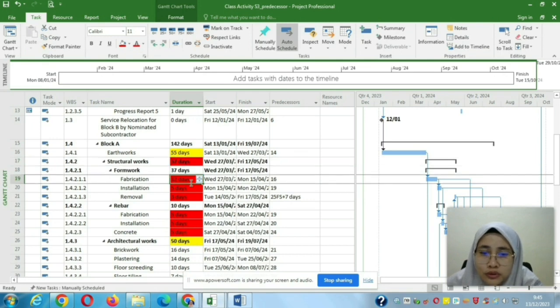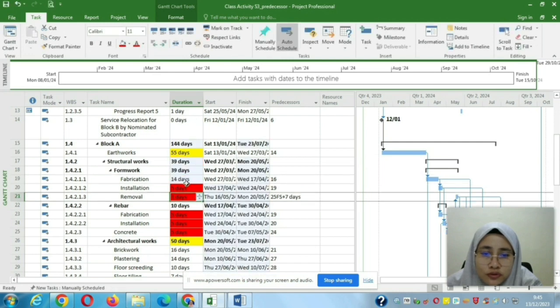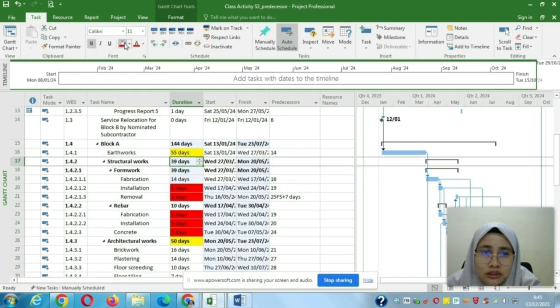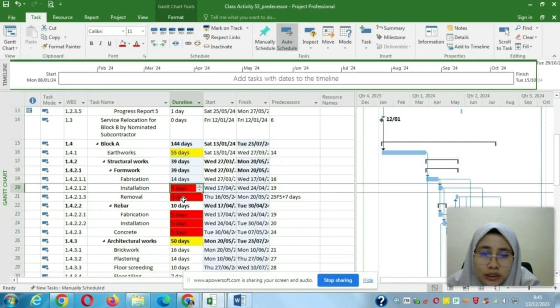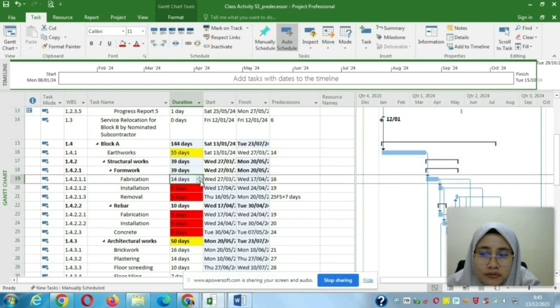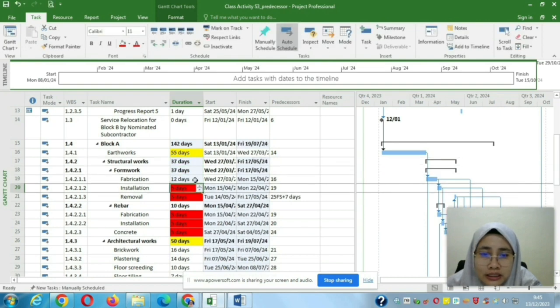So for example, if you change the number of days, you can see that the total structure work duration will change. So just play around with the duration for each task, and make sure that the structure work complies with the 37 days as calculated.